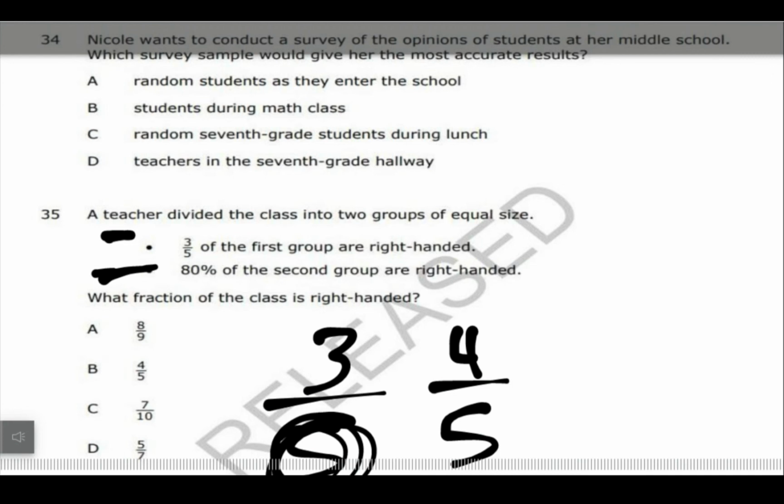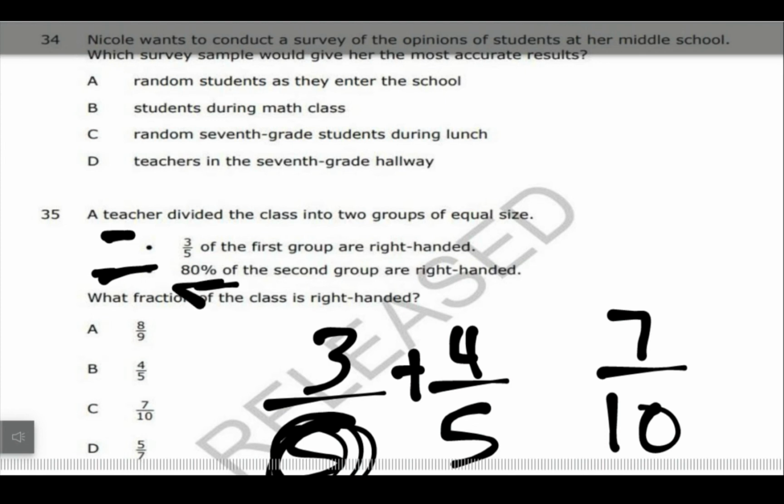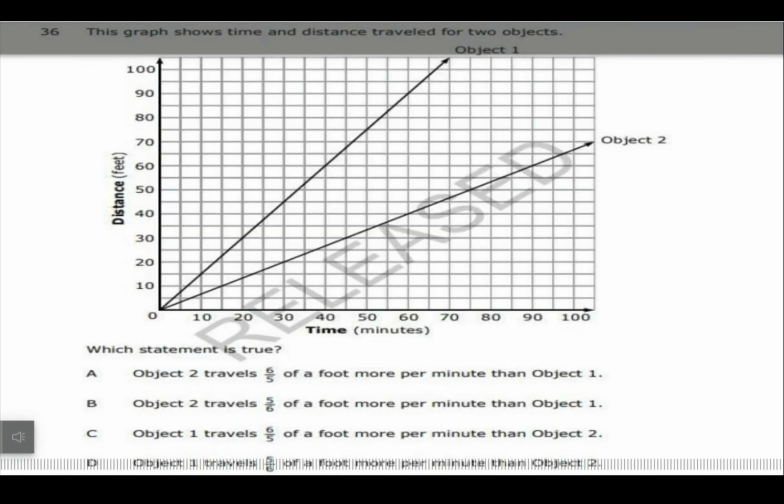So if I add those together, 3 plus 4 makes 7, so 7 out of 10. The first group was 3/5, and we add that to the second group, which was 4 out of 5, and that gives me 7 out of 10 for that one.